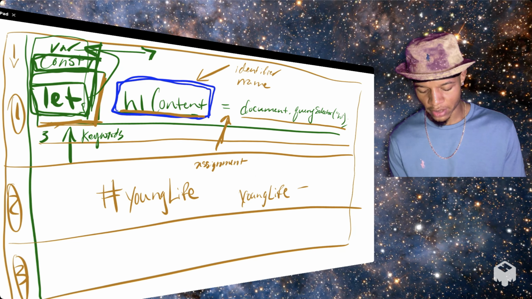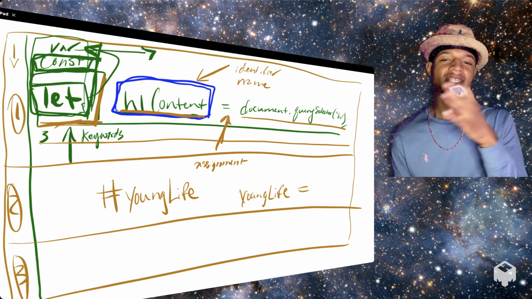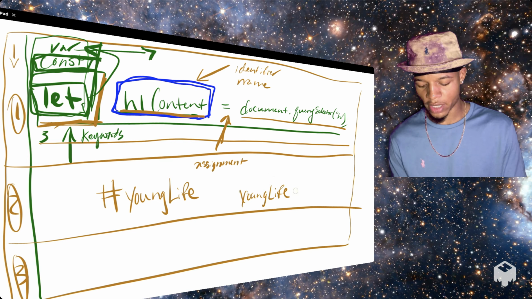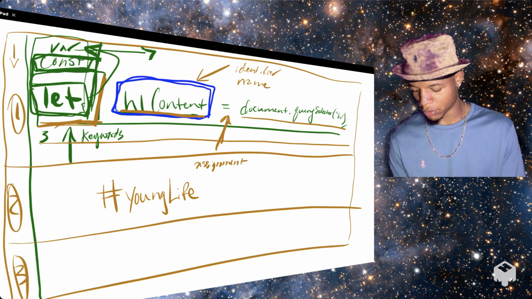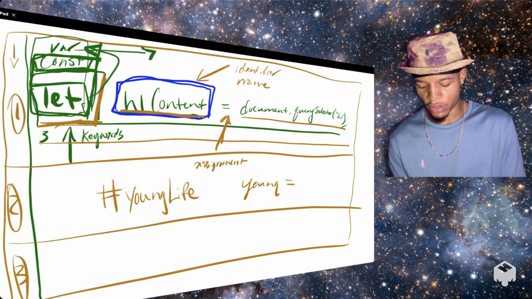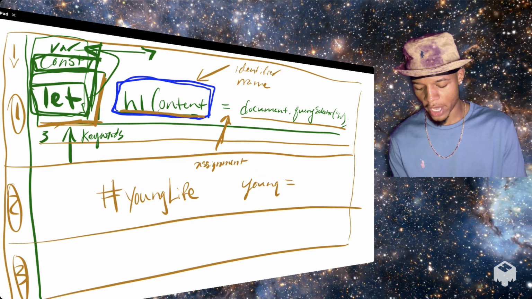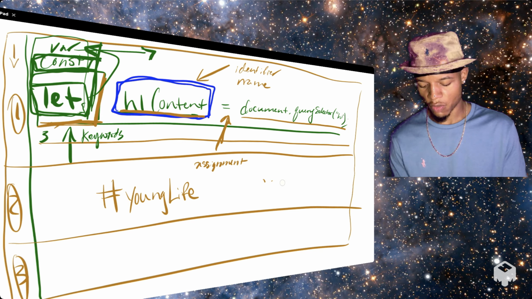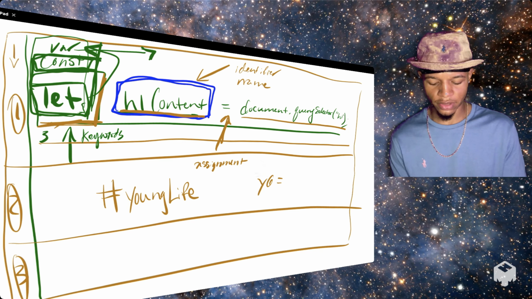It's called camel case. If you have multiple words, you don't have to use multiple words. You could say young and set it equal to something, you can say y, or y6 and set it equal to something.